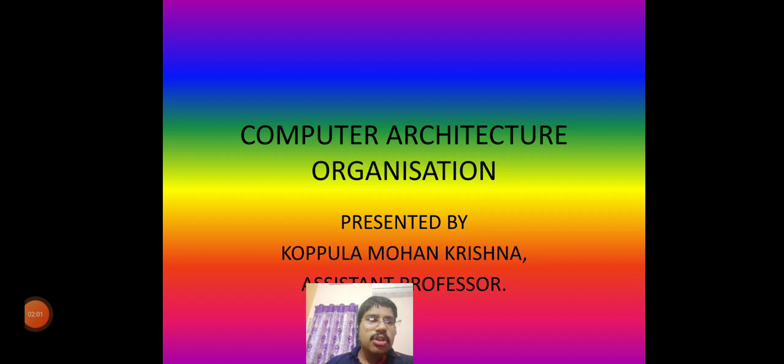That's what we are going to learn from this subject, computer architecture and organization. First of all, we are going to know about the various internal components and external components of a computer. Later on, we'll come to know how to operate a computer, how to program a computer in order to get the desired output. So that is the entire unit.